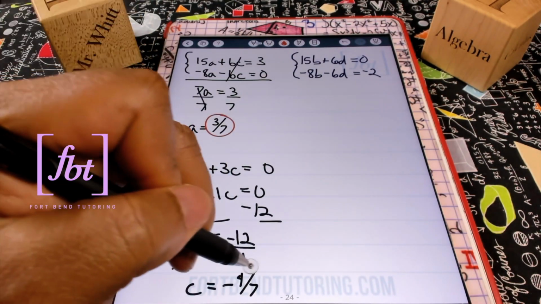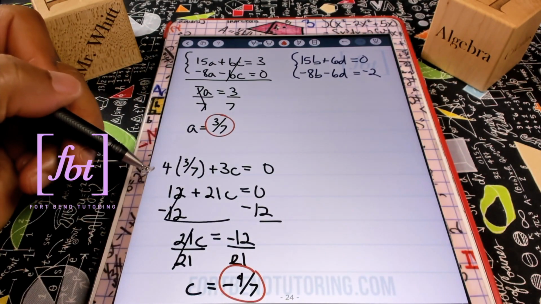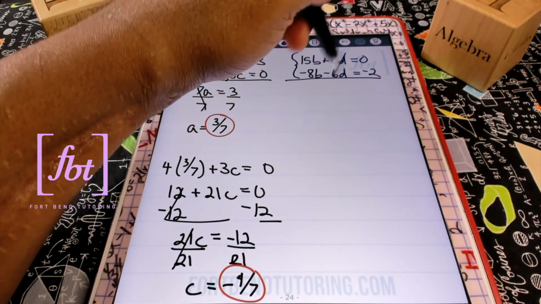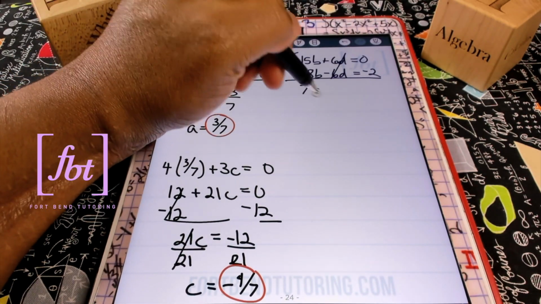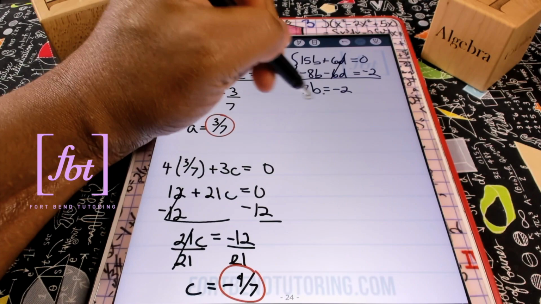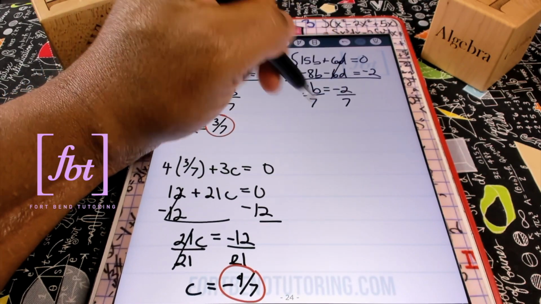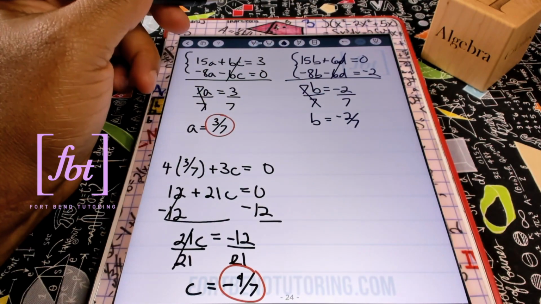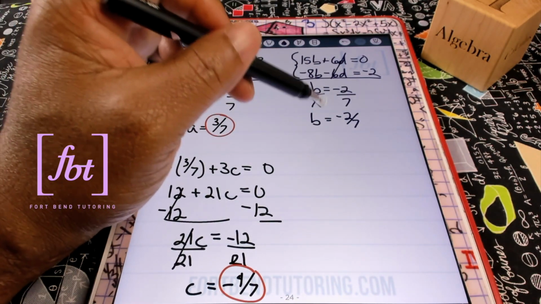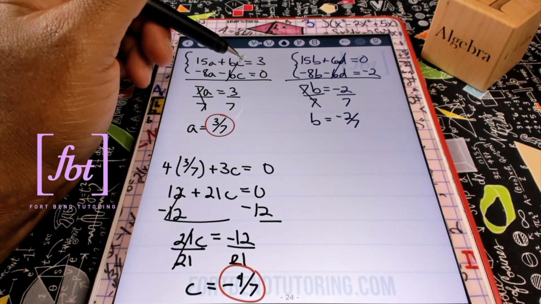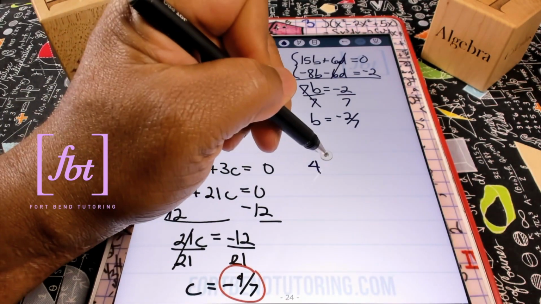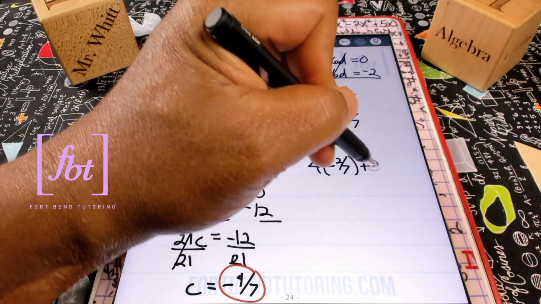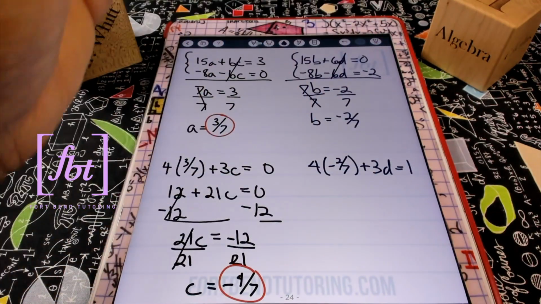So let's keep up with those values. We have 3/7, and we also have -4/7. Solving the second system, your D's will cancel out, so you'll have 7B equals -2. Dividing both sides by 7, you'll end up with B equals -2/7. That is your solution for B. Using this value of B in one of the original equations, you'll have 4 times -2/7 plus 3D equals 1.